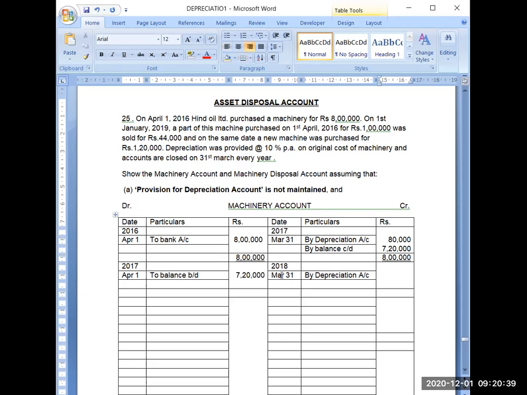Now the method is straight line method and the one full year depreciation is 80,000. So it will not change in this question.